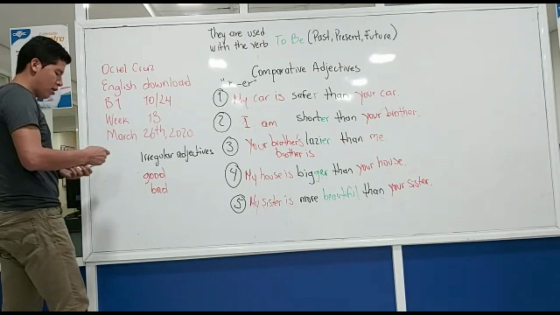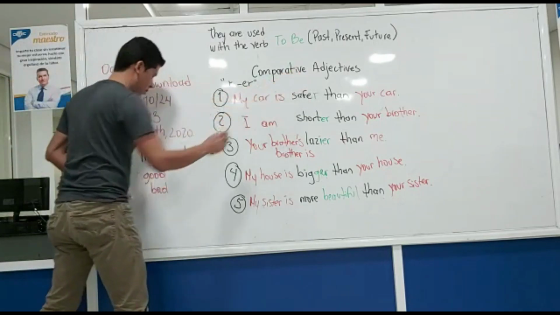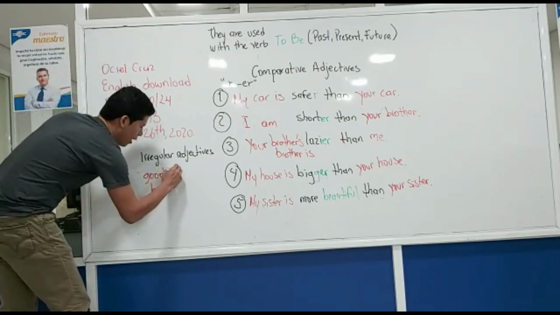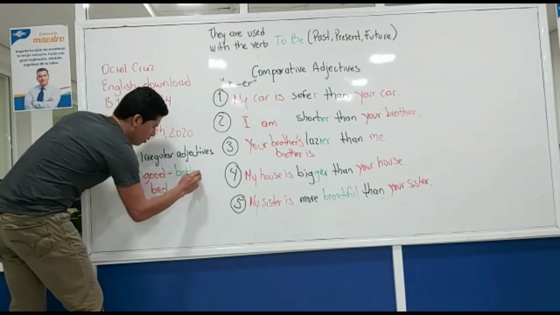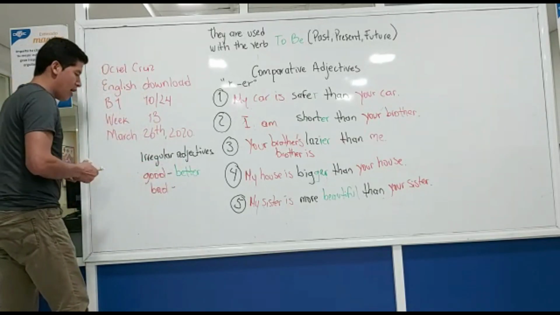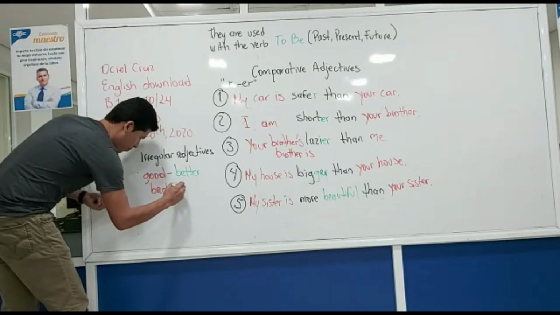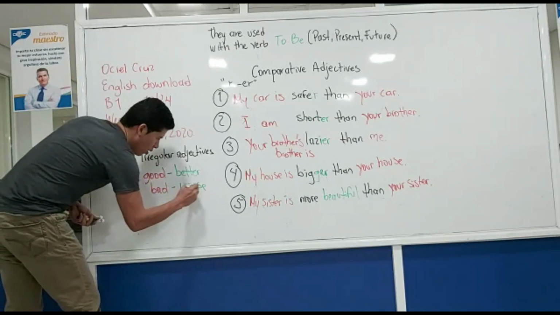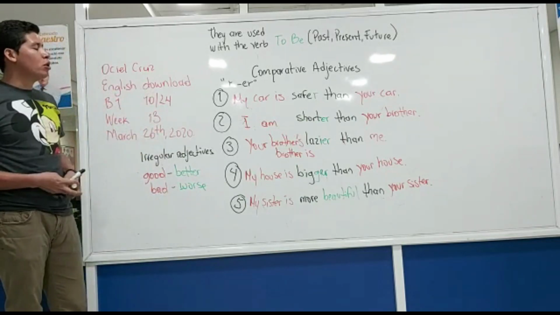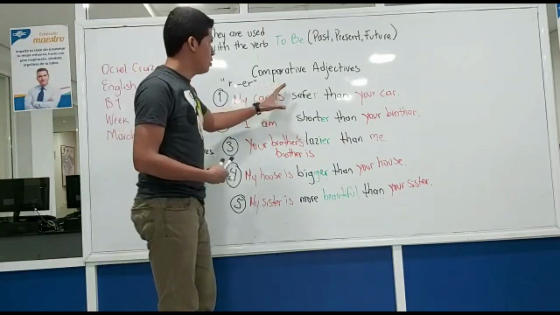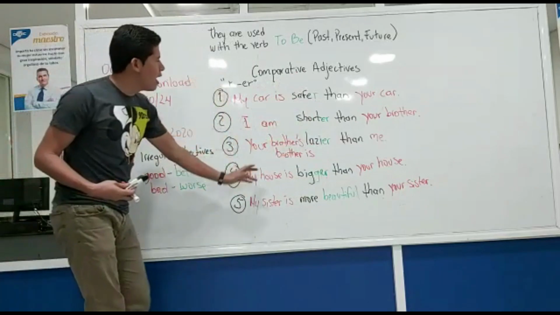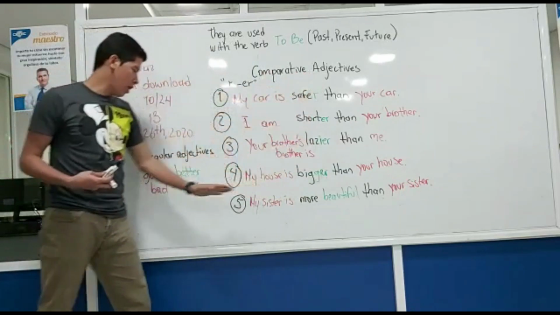When I use good in comparative form, I use better. Or when I use bad, I am going to use worse. Okay. When I use these two adjectives, I am not going to use the other rules because they are irregular.